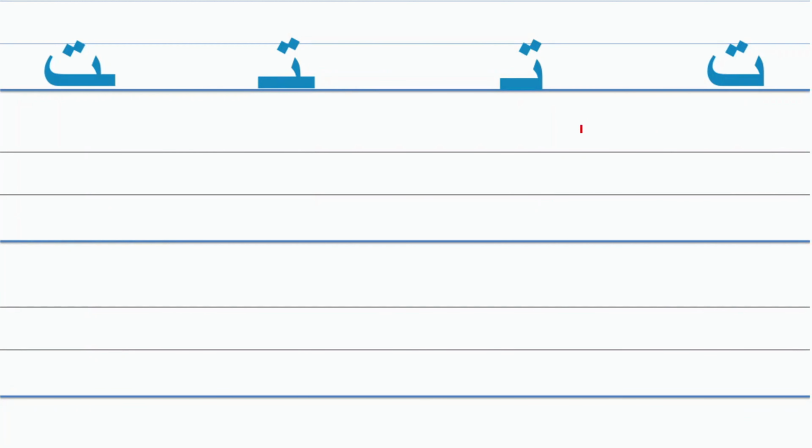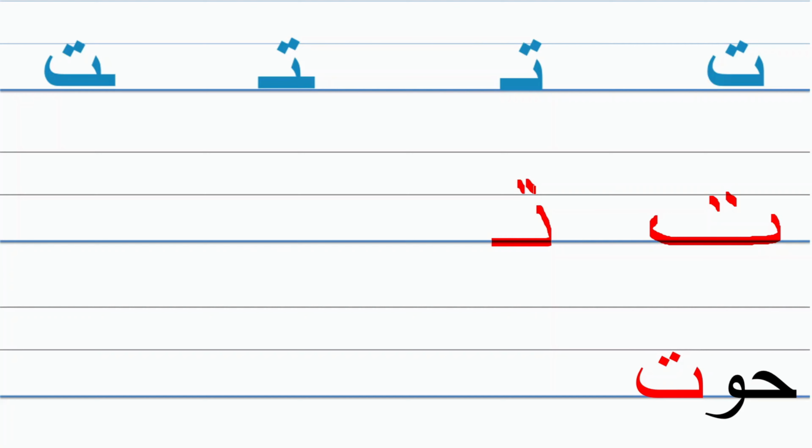About ta, it's just like ba, but you are going to be having 2 dots above. This is ta, like the word hoot, which means whale. You see, this is basic ta, not attached to any word. Initial ta, just like this, then my word taj means a crown, starting with ta.